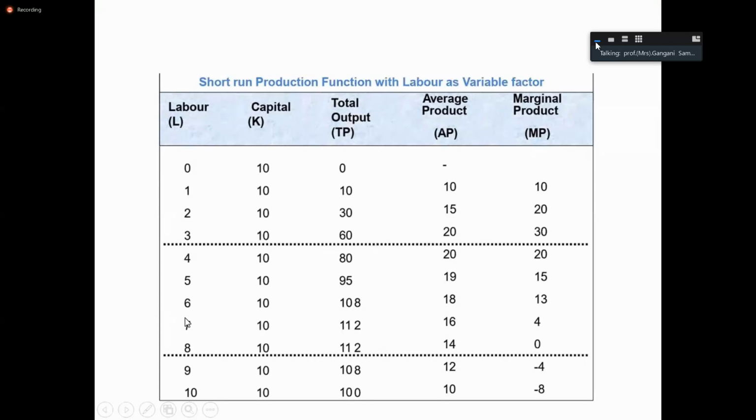Variable cost is changing with the change of output, but fixed cost is not changing with the change of output. Fixed cost may be anything, maybe the value of machine, maybe value of any fixed land. Anything you can keep as fixed value in the short run, especially. Then you have to take only the variable cost components to calculate the average product and the marginal product.